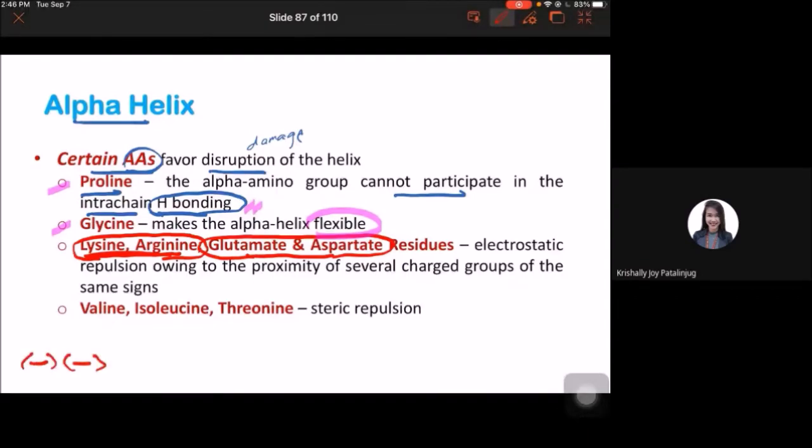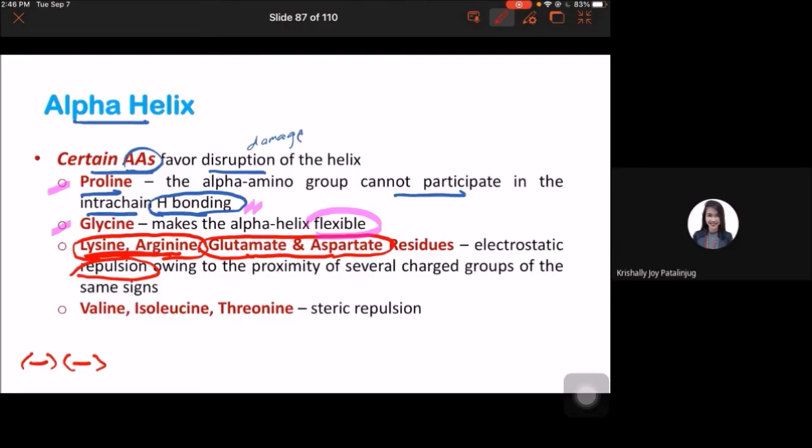Kapag same charges, may attraction pa? No. So, there would be repulsion. Kaya nakalagay na dyan, electrostatic repulsion might happen. Magre-repel sila, especially for those charged groups with the same signs. So hindi nila na-favor ang alpha helix formation.